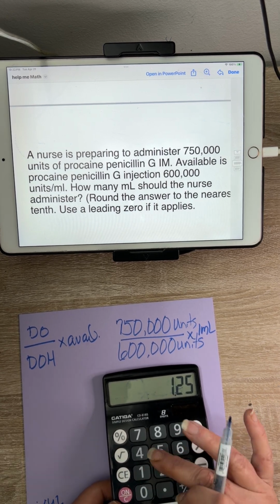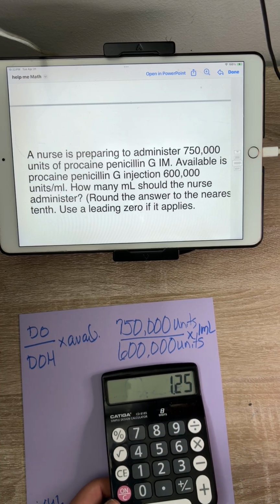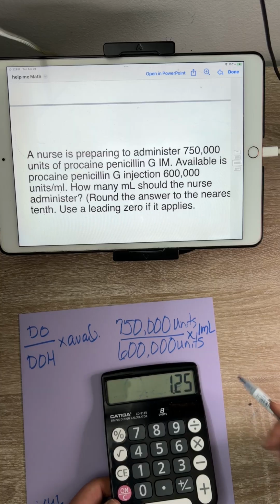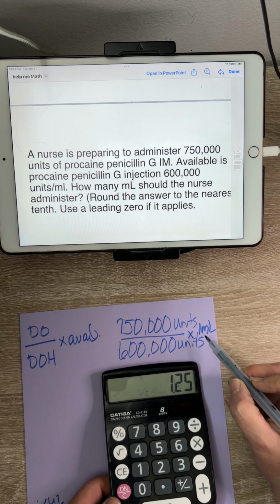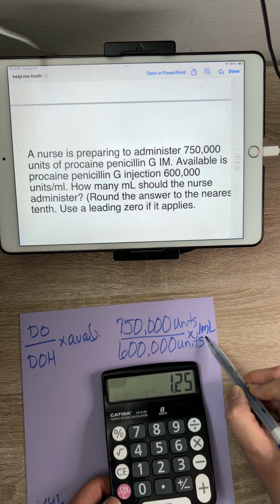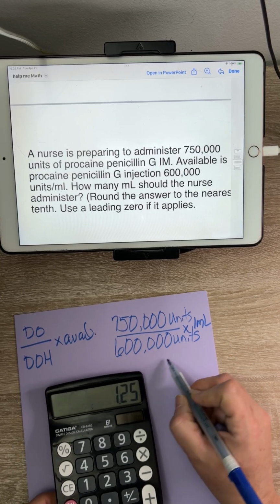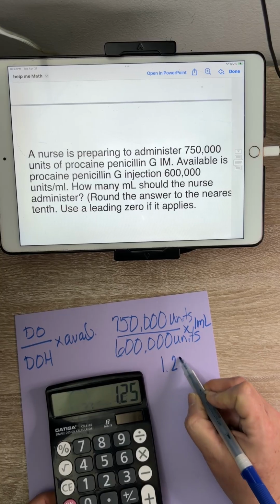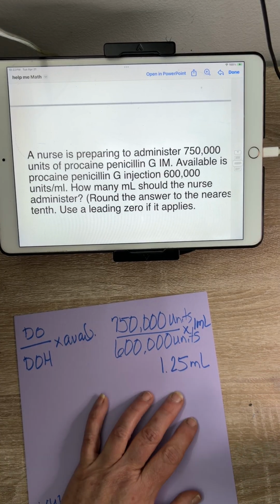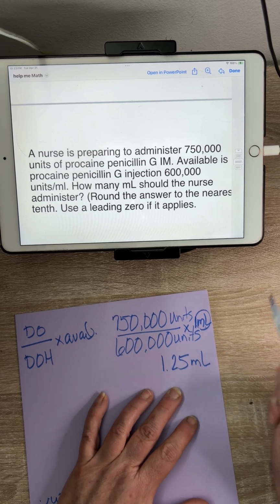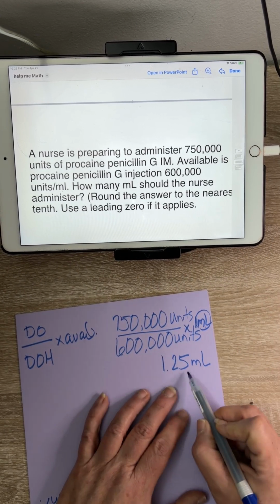Everybody's a little fiddly, got their little fingernails just hitting all this. Slow down, take a breath. And if this was anything else, we would multiply it, but it's still going to be 1.25 mLs. Because you tack on whatever's right there, and it says round the answer to the nearest tenth.